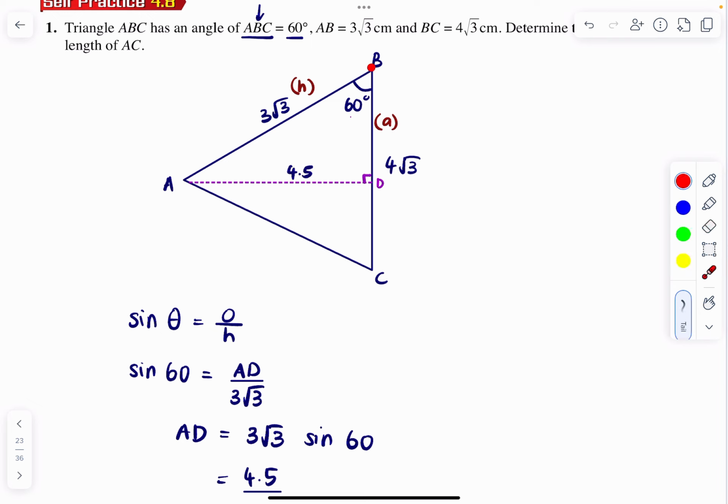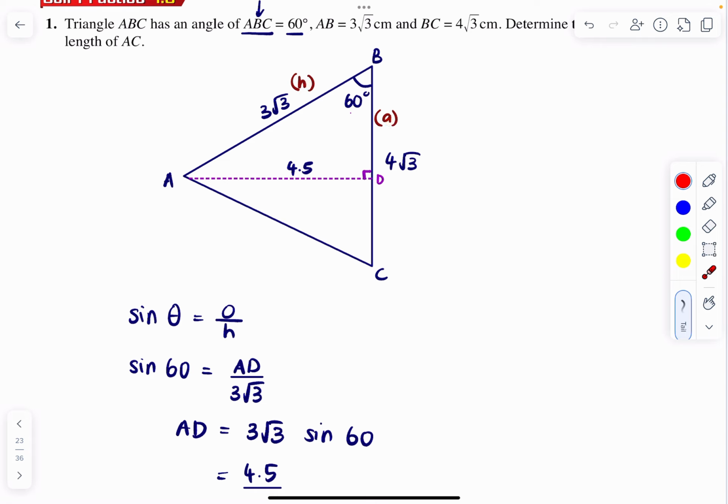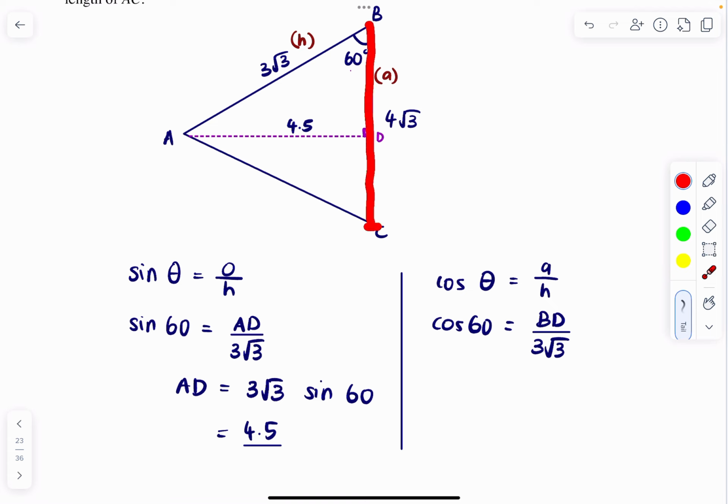Now we can find BD. So BD is adjacent. So the formula relating adjacent with hypotenuse will be cos. So we can say cos theta is adjacent over hypotenuse. So cos 60, adjacent is BD. Hypotenuse is 3√3. Don't get confused with this 4√3. 4√3 is from here until here. So now we are just finding from here until here.